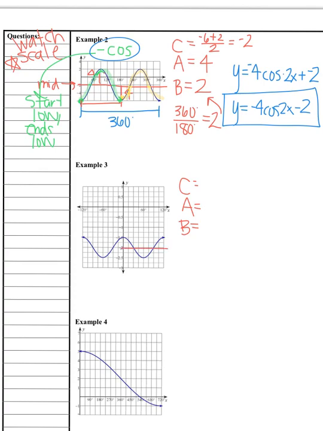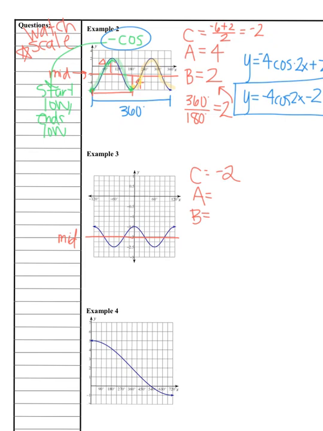Let's make a better line there. Okay, so there's our midline. Cuts it right in half there, so our midline is down at negative 2. Now the amplitude for this one, each box here is worth 0.25, so our amplitude here is only half, so 0.5 or 1/2.